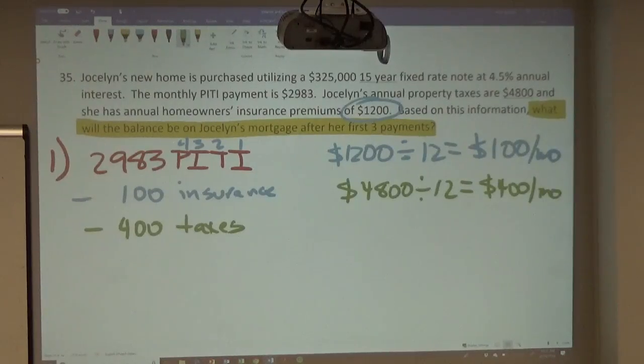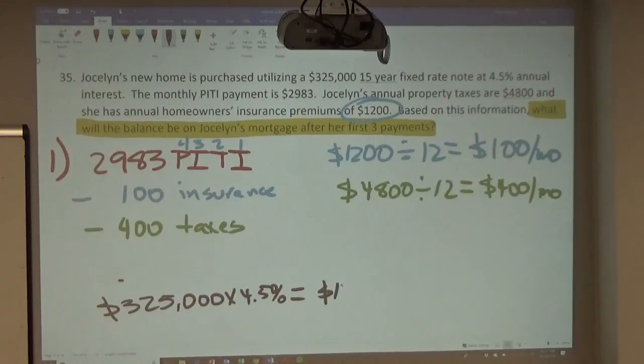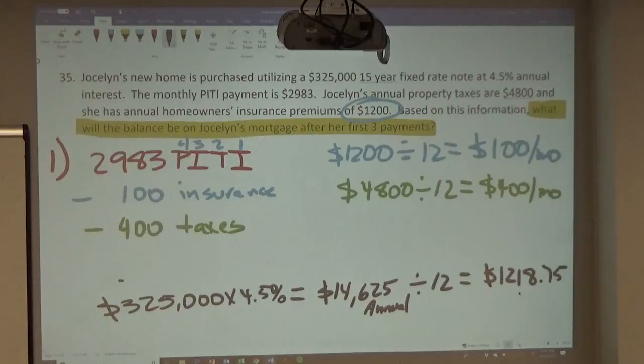When we look at paying the interest, we're talking about a loan balance of $325,000 times 4.5% annual interest, which equals $14,625 annually. Divided by 12 equals $1,218.75 monthly.